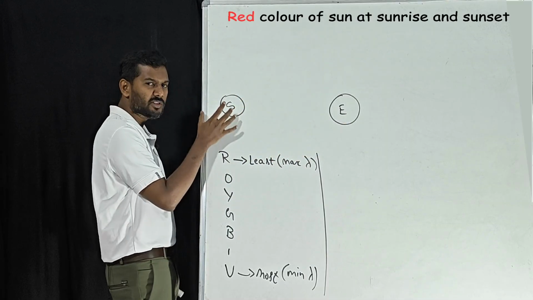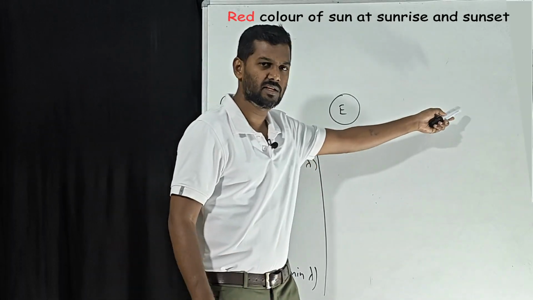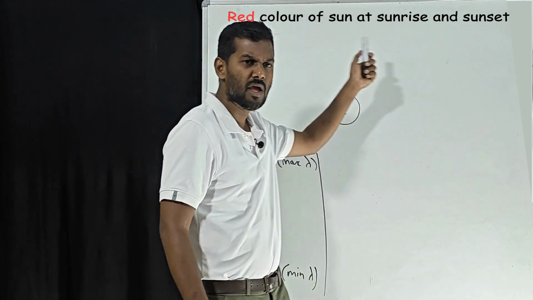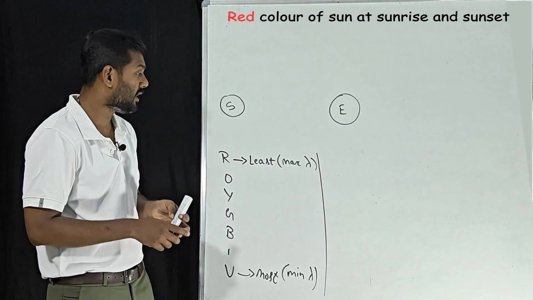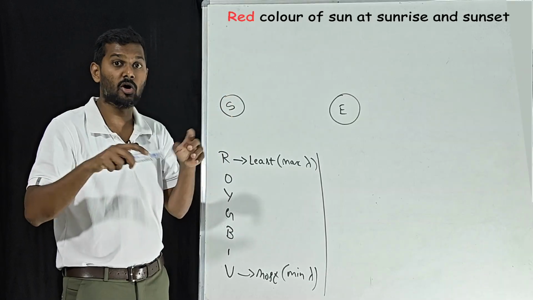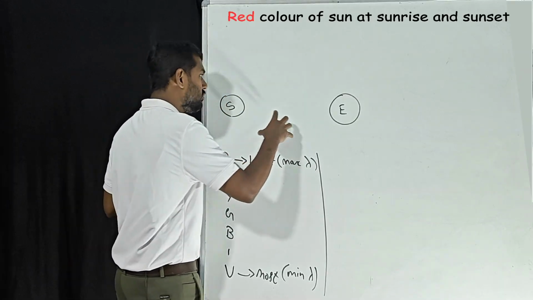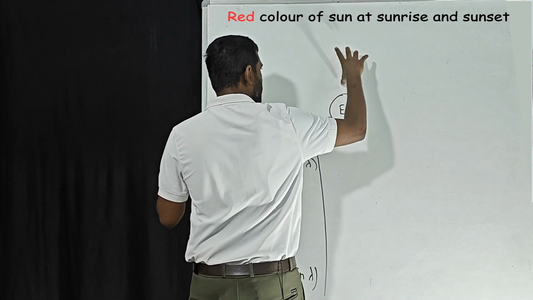See, keep this in mind, during the sunset and sunrise, assume the sun is rising here and setting here, both the times the distance between the sun and earth is longest. Keep this in mind, longest. During the afternoon, the sun is exactly on our head, correct? Now see the distance, only this much.